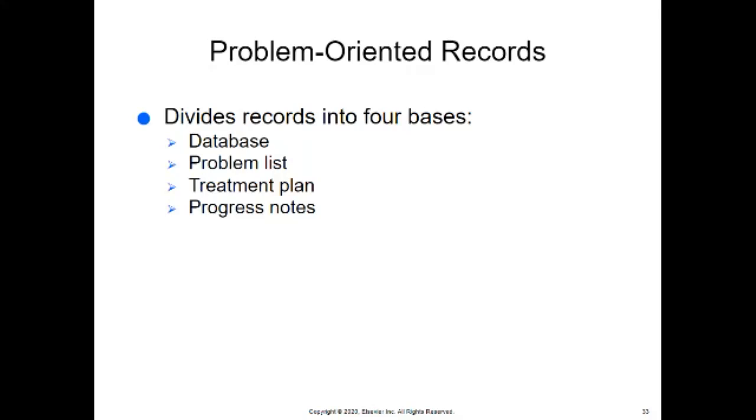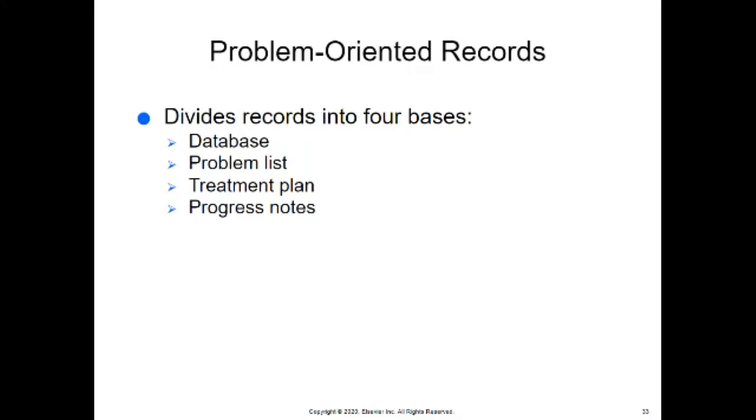The problem list is a numbered, titled list of every problem the patient has that requires management or workup. This may include social and demographic troubles in addition to strictly medical or surgical ones.